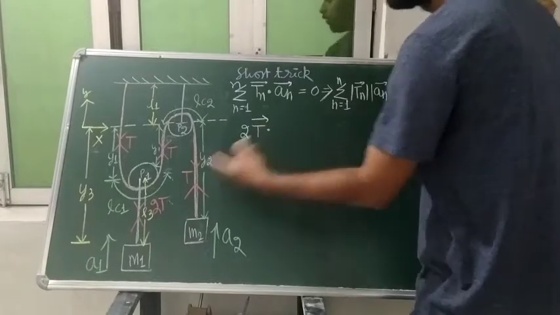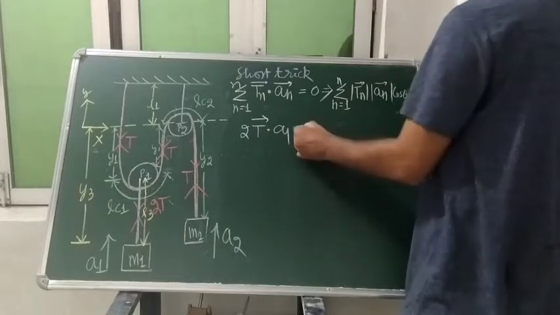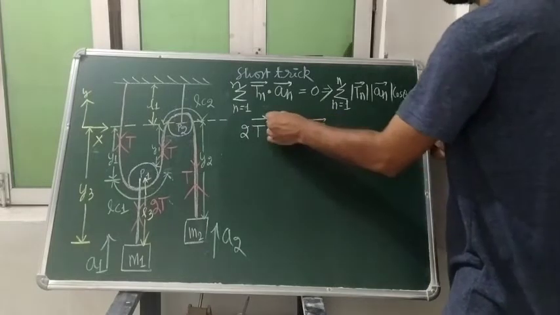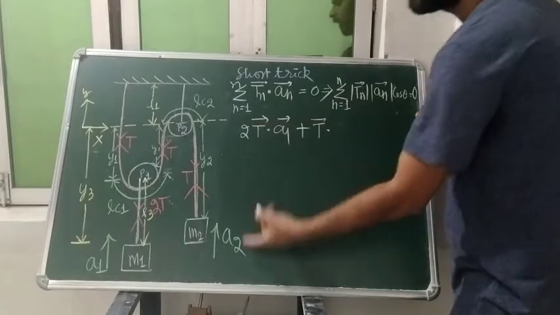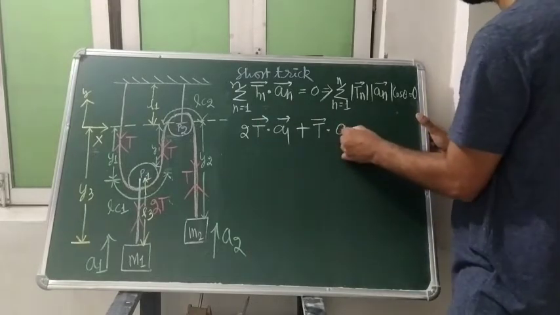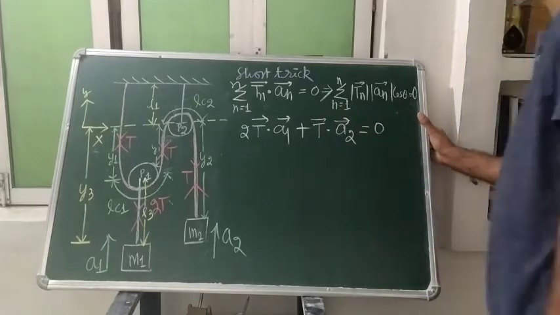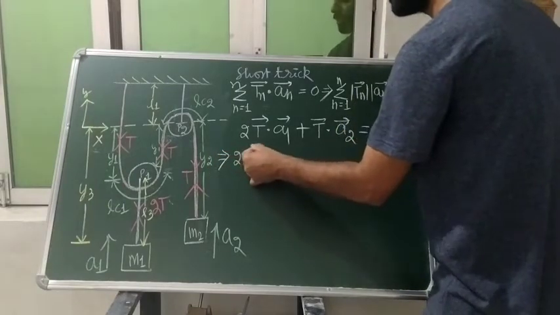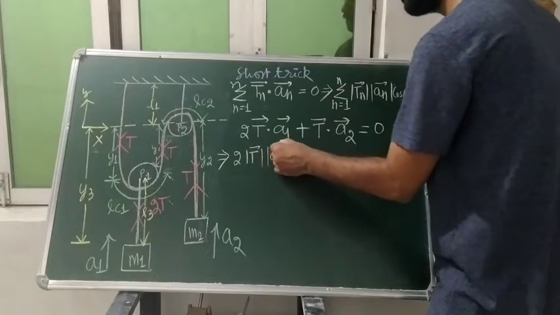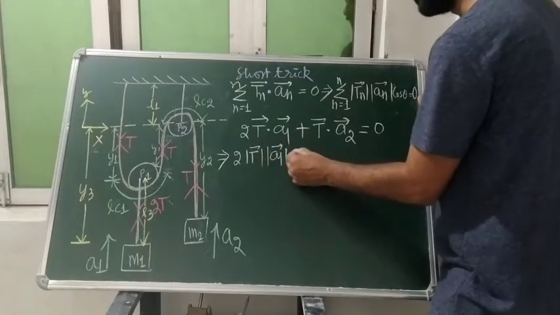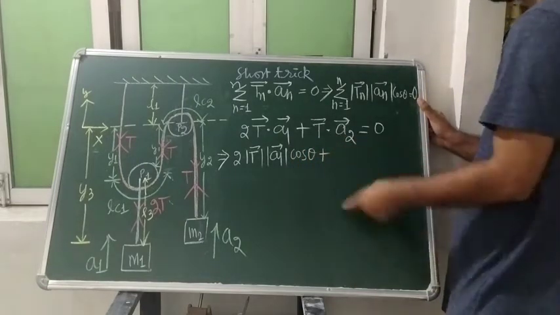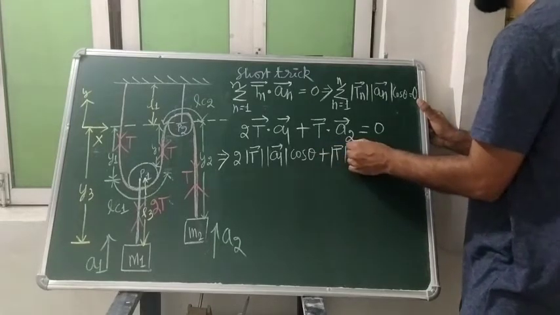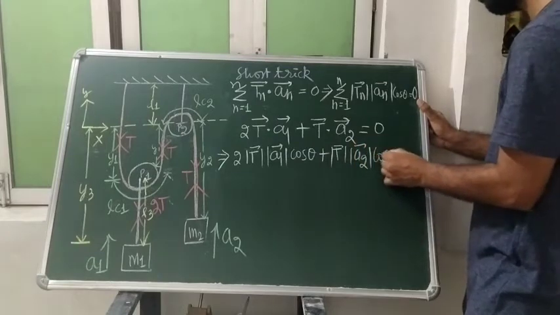Dot product of 2T with acceleration A1, plus for block 2, the tension is T, so vector T dot product with acceleration vector A2, should be equal to 0. When we remove the dot, we get the magnitude of the tension vector multiplied by the magnitude of the acceleration vector times cos theta, plus, here again, the magnitude of the tension vector multiplied by the magnitude of the acceleration vector times cos theta, should be equal to 0.